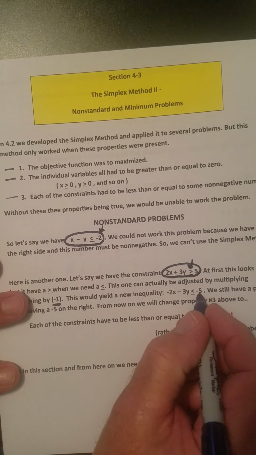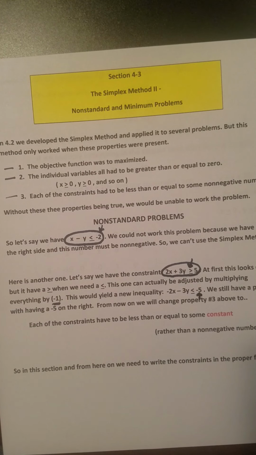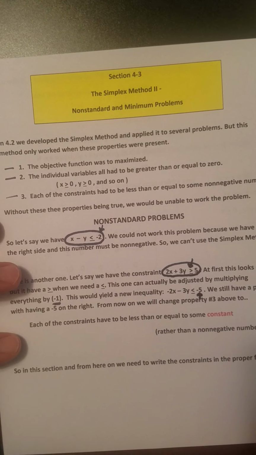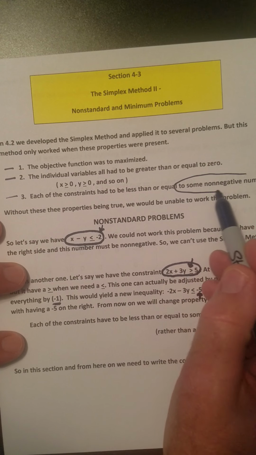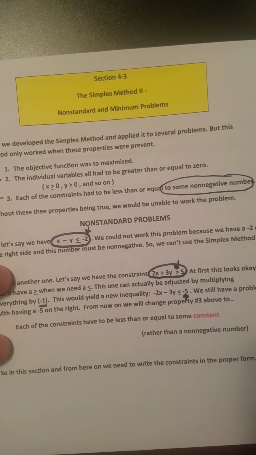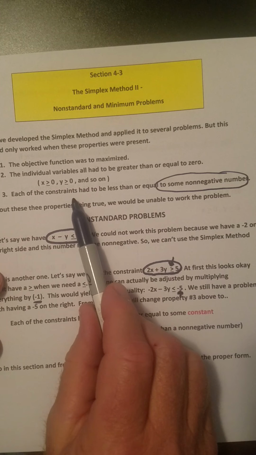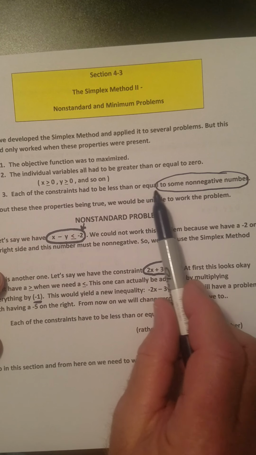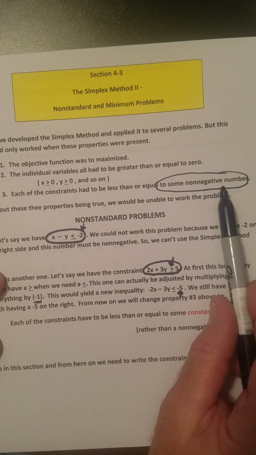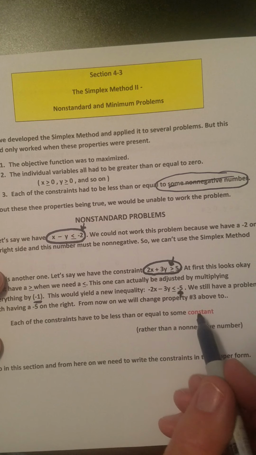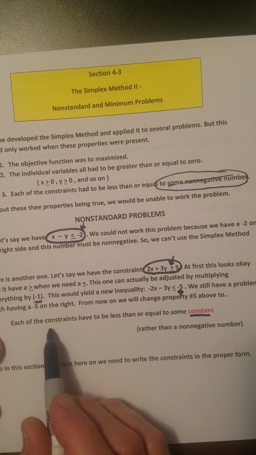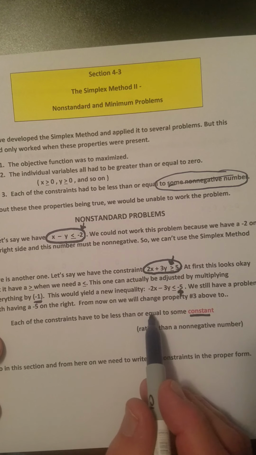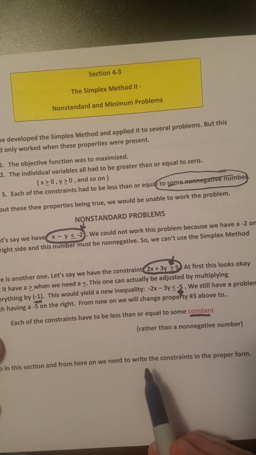Okay? But we created another problem. If you look right here, remember you can't have a negative number over there. So with that said, we're going to go back, and this part right here, we're going to change. It says each constraint must be less than or equal to some non-negative number. We're going to take that out, and we're going to put this in its place: constant. So each of the constraints has to be less than or equal to some constant.